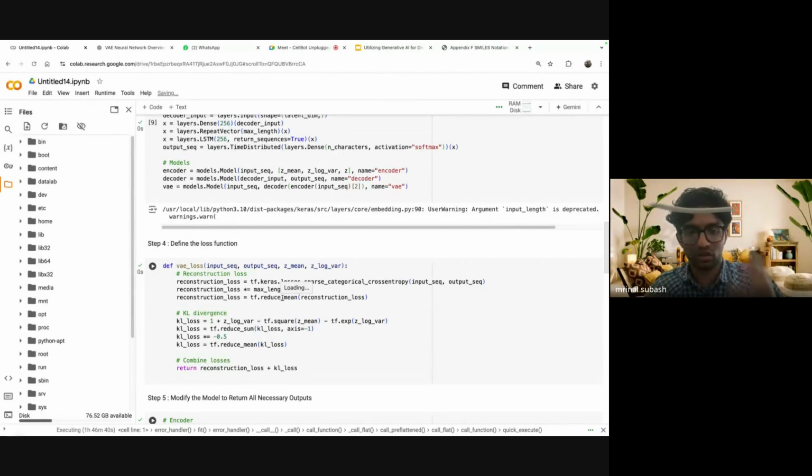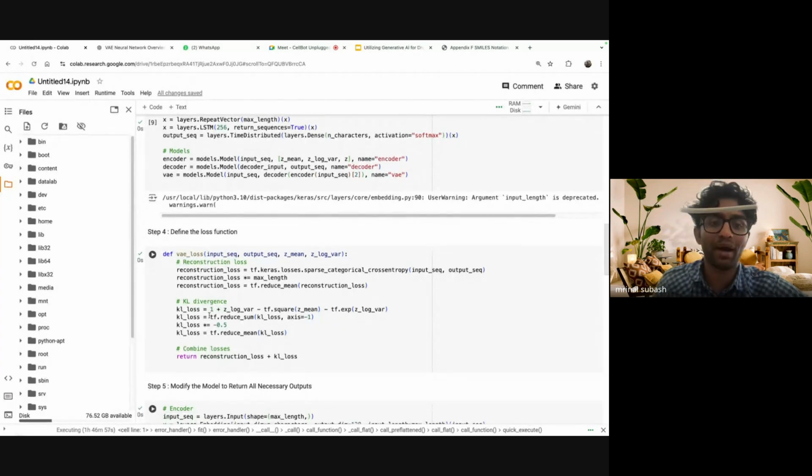Using TensorFlow, TF is TensorFlow here, we are reconstructing the necessary features from that smiles in this reconstruction loss variable, and then we are passing something called KL divergence loss. This regularizes the latent space by pushing the learned distribution closer. So we are zeroing in on the ideal.